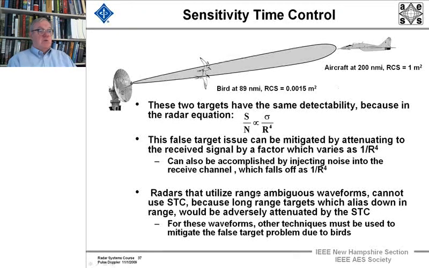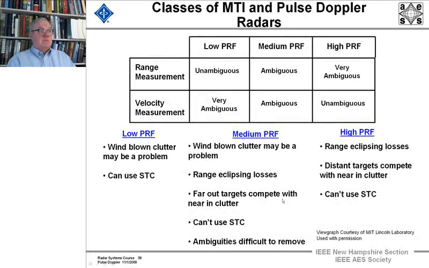But radars that utilize range-ambiguous waveforms cannot use STC because the long-range targets, which alias down in range, would be very strongly adversely attenuated by the sensitivity time control. And for these waveforms, other techniques must be used to mitigate the false alarm problem due to birds. So that's going to be a limitation on range-ambiguous waveforms.